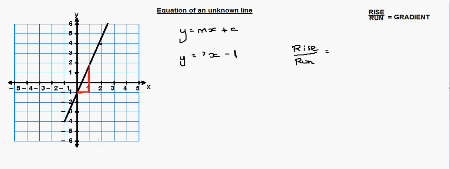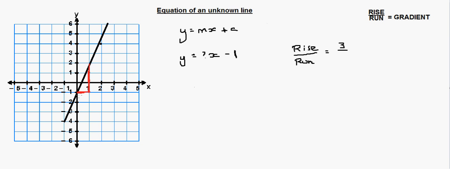We don't go up until we hit the x-axis, we go up until we hit the line that we've drawn. Now our rise is 1, 2, 3. Don't count from the x-axis, count from here. 1, 2, 3. So our rise is 3 over our run.